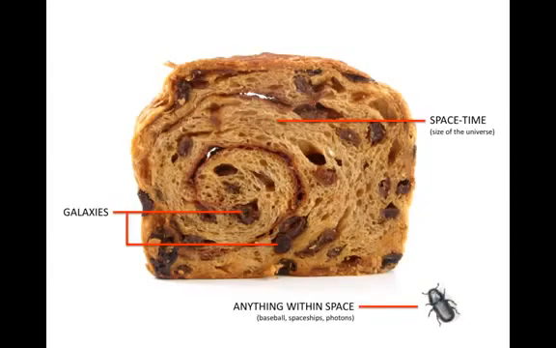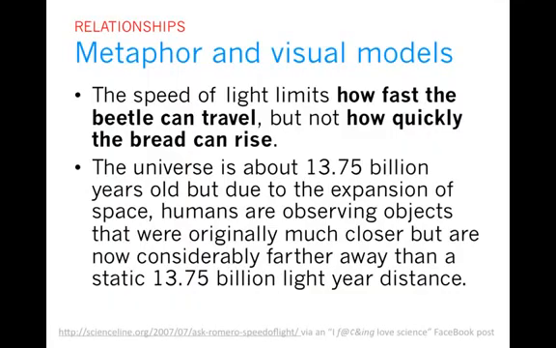And anything within the space, be it a baseball, a spaceship, a photon, or a beetle, cannot travel faster than light. So even though the speed of light limits how fast an object in the space can travel, like a beetle, it does not limit how quickly the bread or the space can rise.